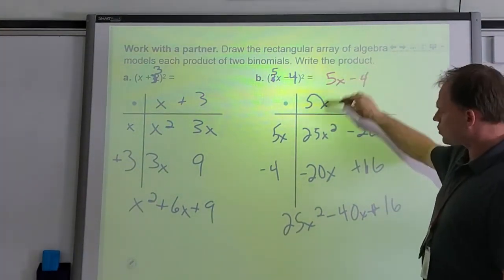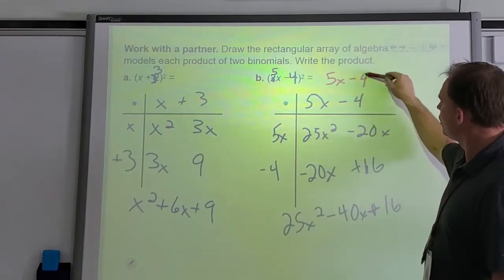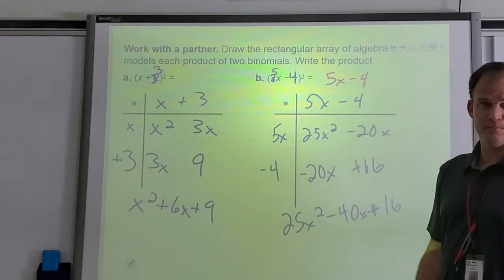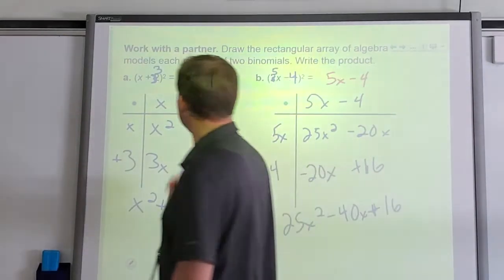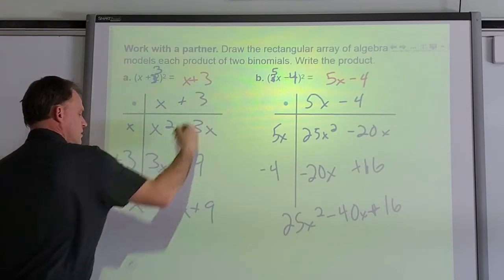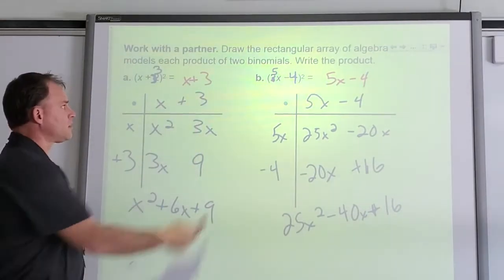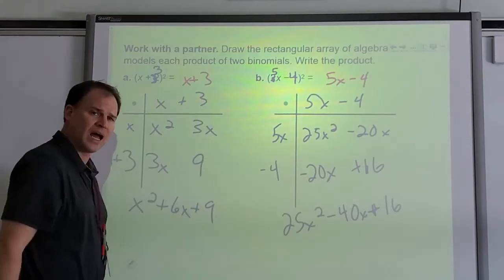You notice 5 squared is 25. Negative 4 squared is positive 16. If I look over here, again, this is an x, so x squared is x squared. Positive 3 squared is positive 9.